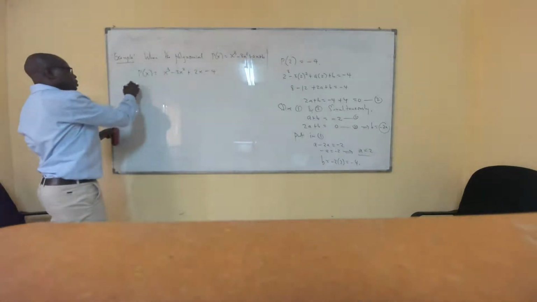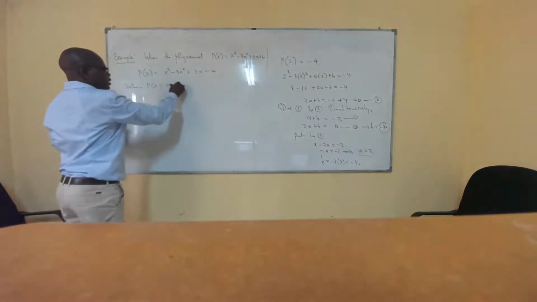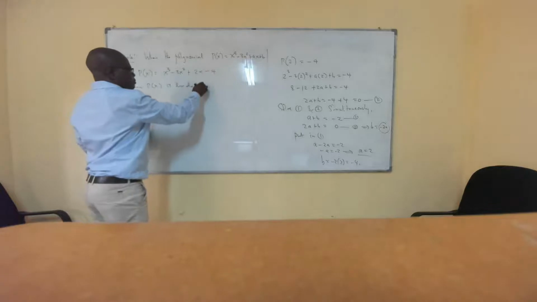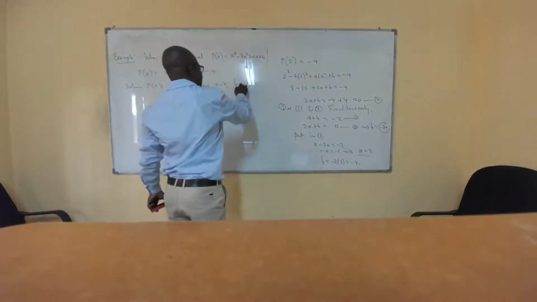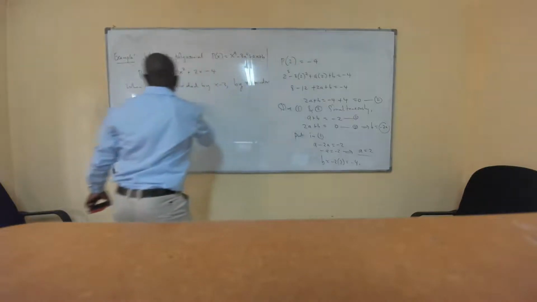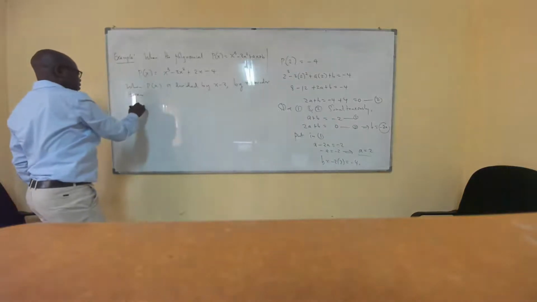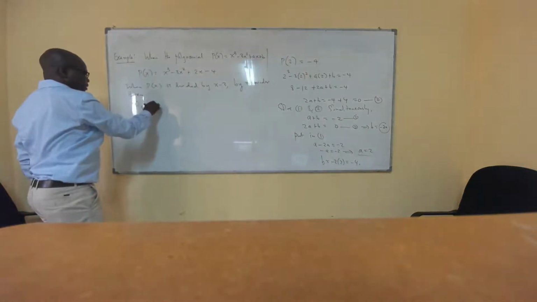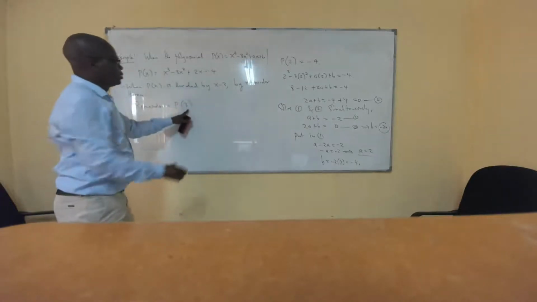So when P of x is divided by x minus 3, by the remainder theorem, the remainder is going to be P evaluated at 3.